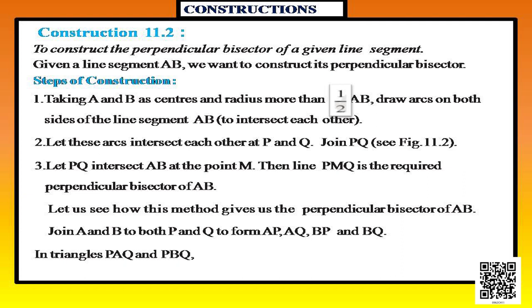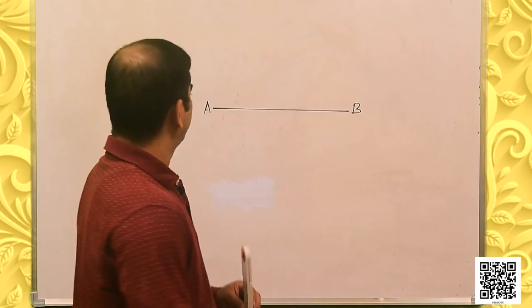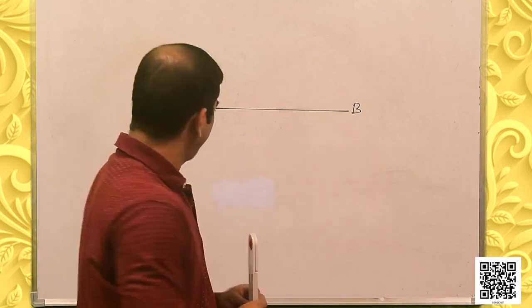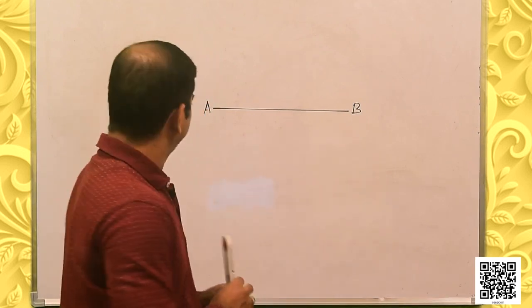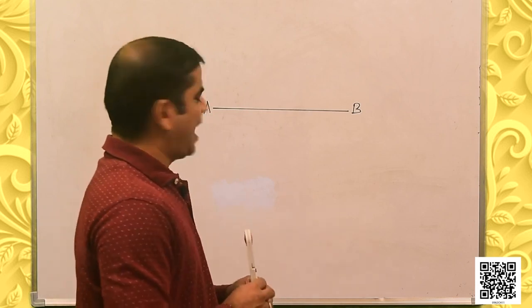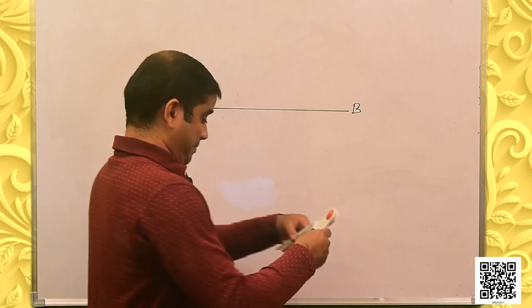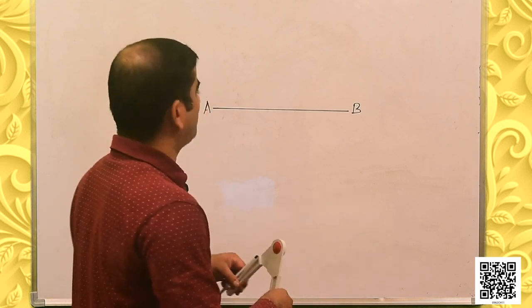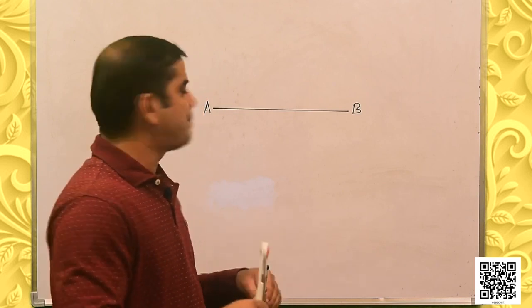Taking A and B as centers and radius more than half AB, draw arcs on both sides of the line segment AB. That means we need to take A and B as the centers of two different arcs, and the radius of the arc should be more than half of AB.